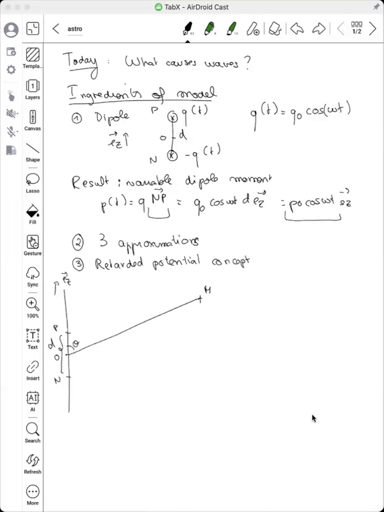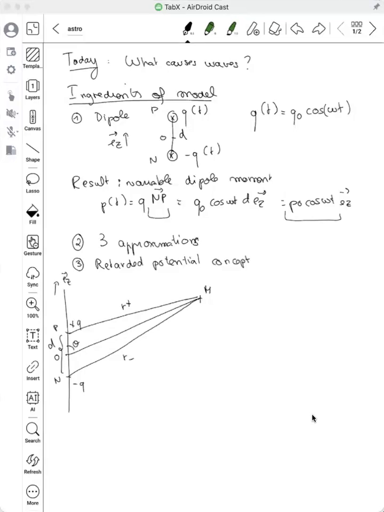I have theta here. Here I have r plus, here I have r minus, Q plus, Q minus. And here I have something that I'm calling r, which is equal to OM.